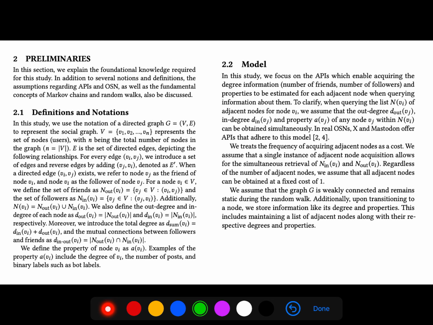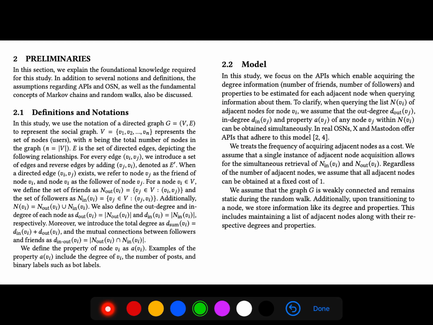So we focus on the APIs which enable acquiring the degree information and properties to be estimated for each adjacent node when querying information about them. When querying the list of adjacent nodes for node v sub i, we assume that the out-degree, in-degree, and properties of any node within can be obtained simultaneously.